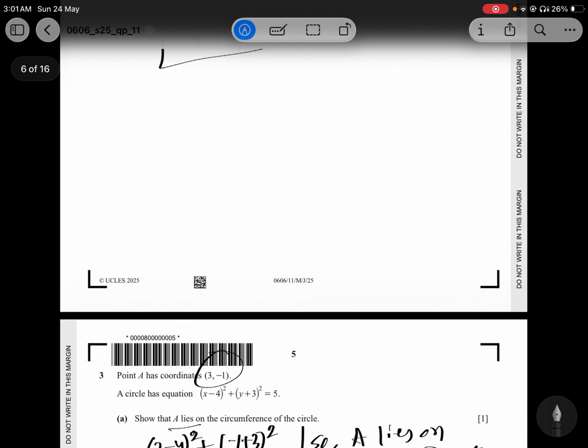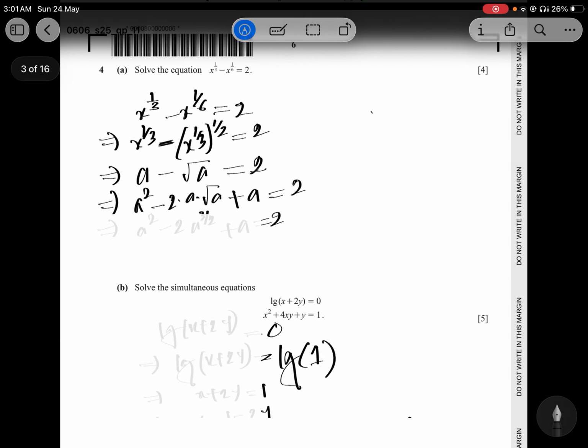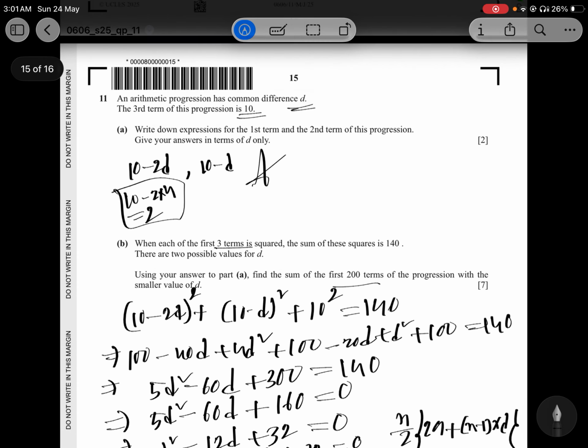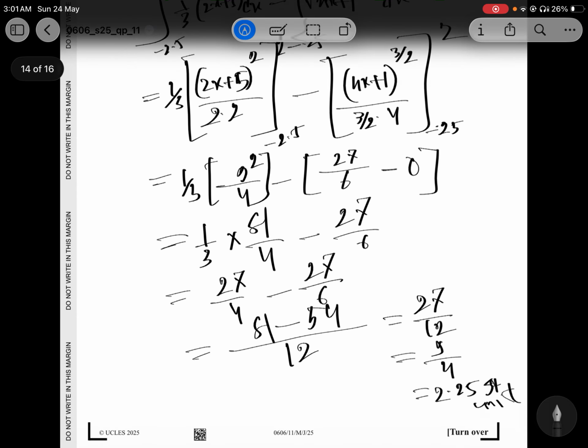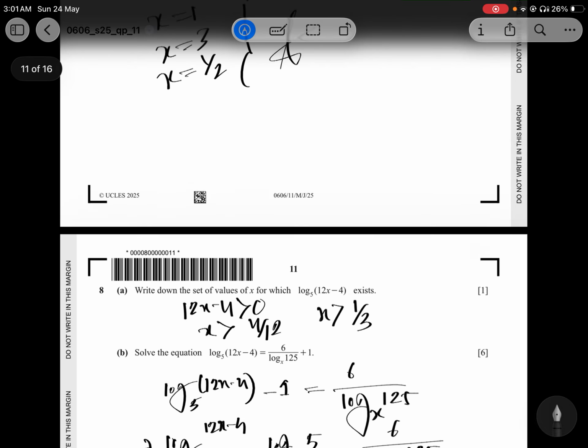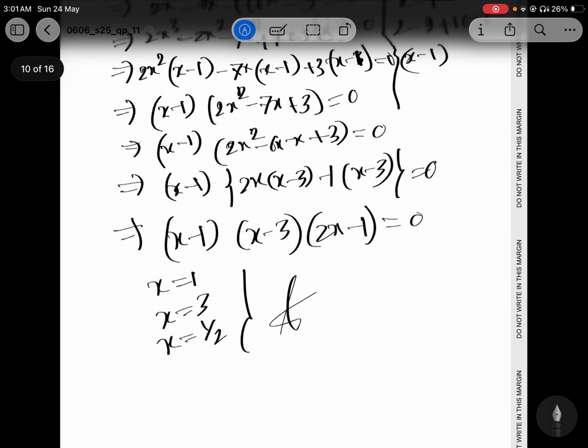Not bad actually. I already secured 70. 69 is registered.